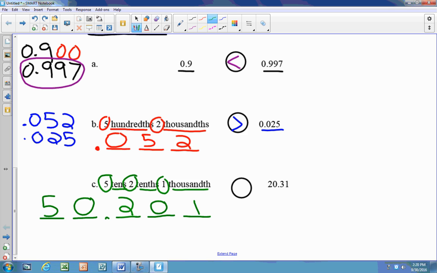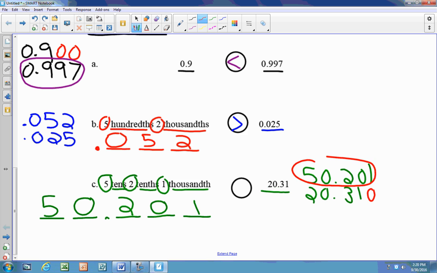So as I go through this, I now can stack over here because this is already in standard form. So we have 50 and 201 thousandths. And then we have 20 and 31 hundredths. We need to make sure that we add the extra placeholder in there. And we notice that this one is larger.